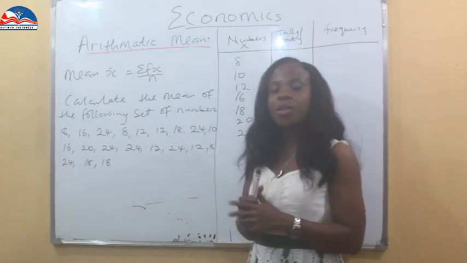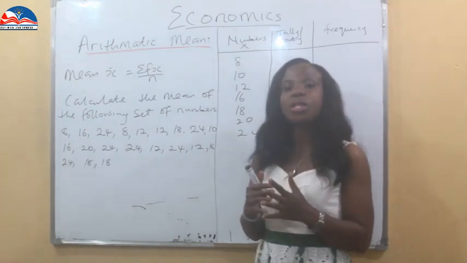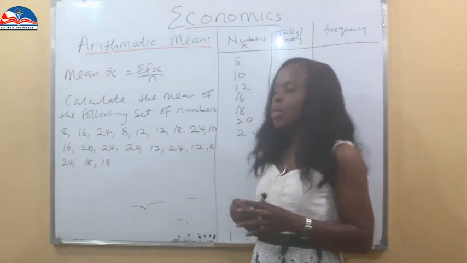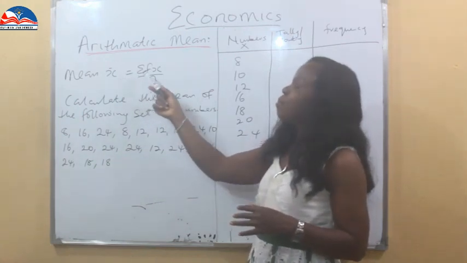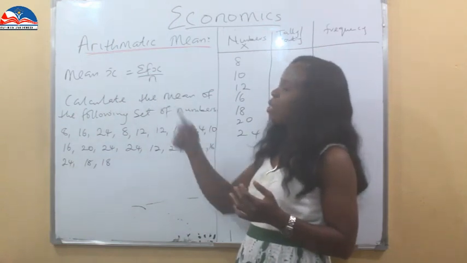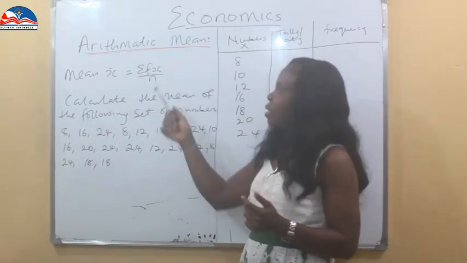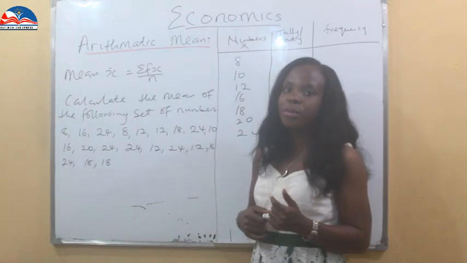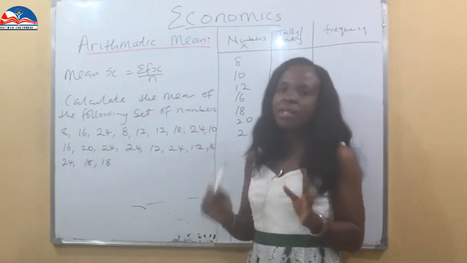But right now, it's going to change slightly because we are using a larger distribution. So we are going to use sigma fX. The F will stand for the frequency, the X will stand for the score, while the N will still stand for the number.